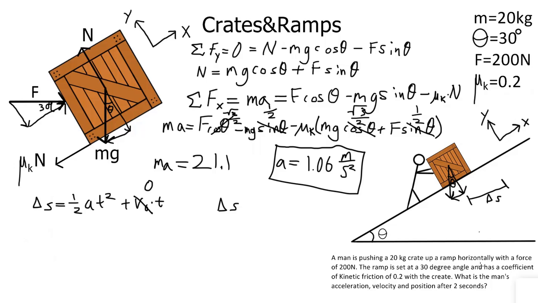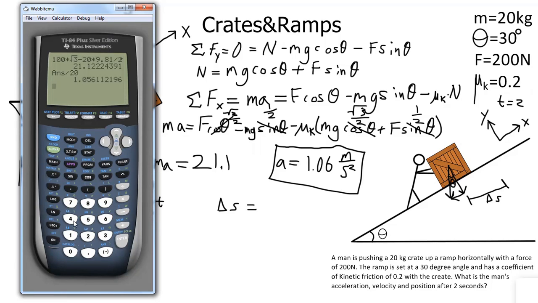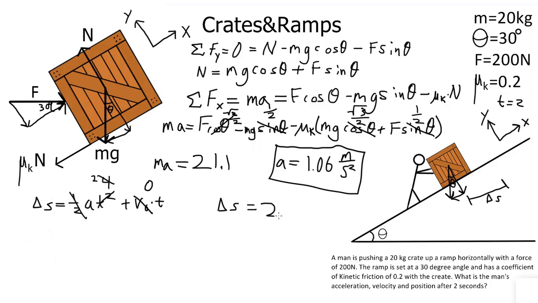Our time is just 2 seconds, so t equals 2. Then this is just going to be a 4, and if we divide it by 2, we get 2. So it's 2 times the acceleration that gives us delta s. If we bust out our calculator and times that by 2, what do we get? 2.11, and that's going to be meters. So that's our position.